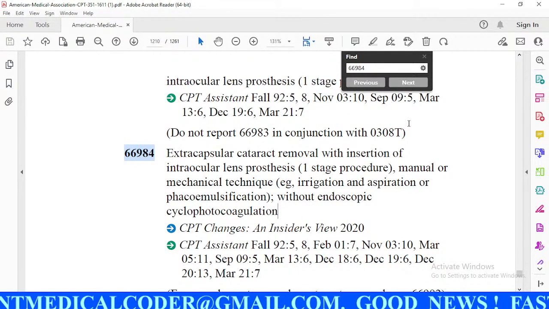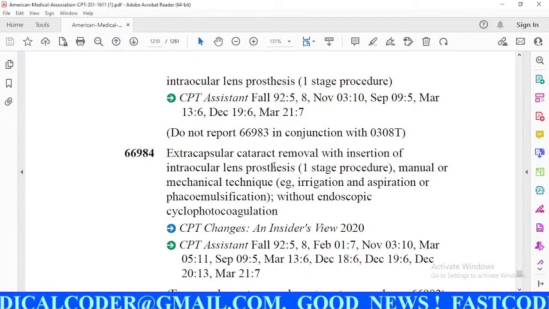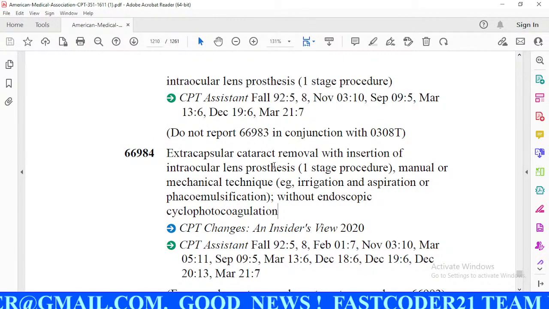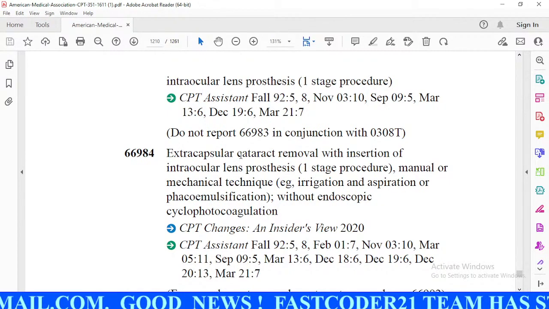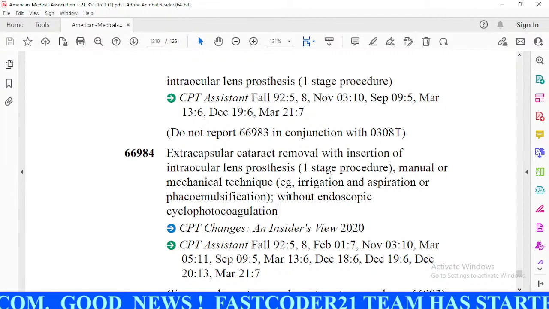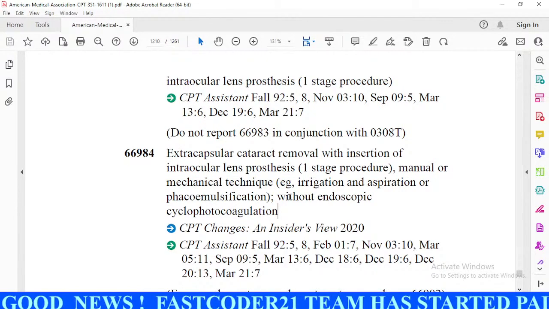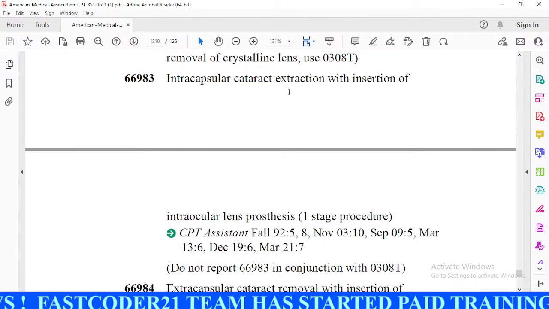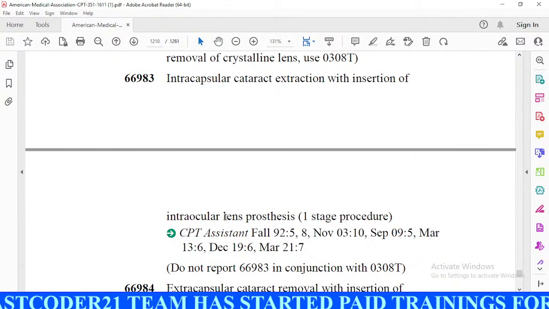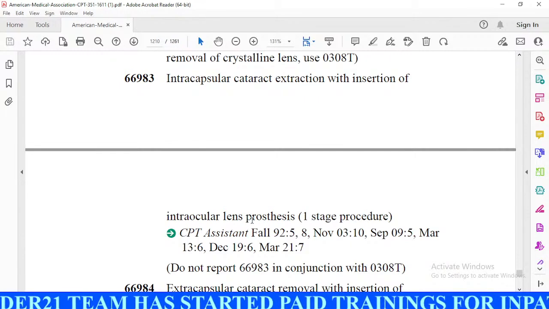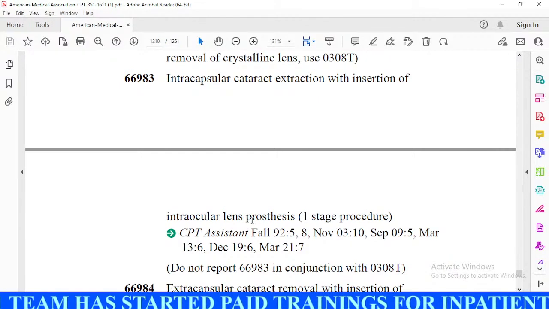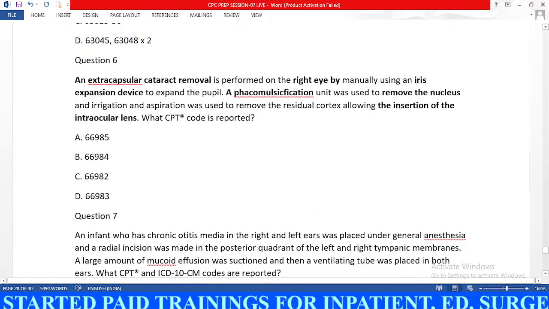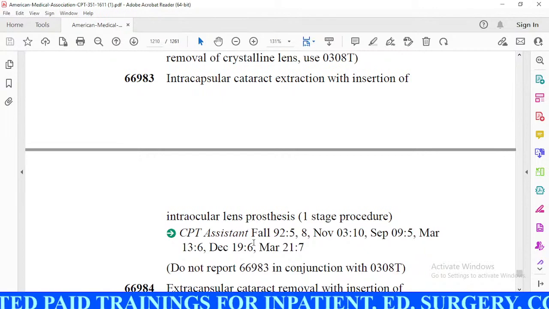While coding ambulatory surgery, we will consider it as a normal procedure. So in cataract procedures, we have two types: normal cataract removal with insertion of lens, as well as complex cataract removal with insertion of lens. So we will check 66983. Intracapsular cataract extraction with insertion of intraocular lens process. Here also there is no keyword mentioned, which is iris expansion device. So we will check 66982 now.